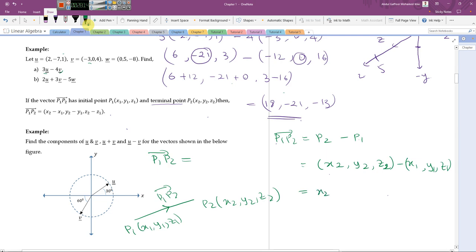So x2 minus x1 comma y2 minus y1 comma z2 minus z1 will be the vector p1 p2, right? Okay, now we will try to do this example.